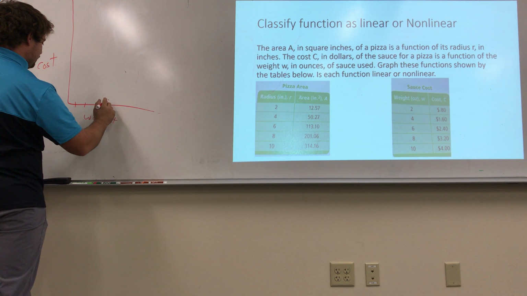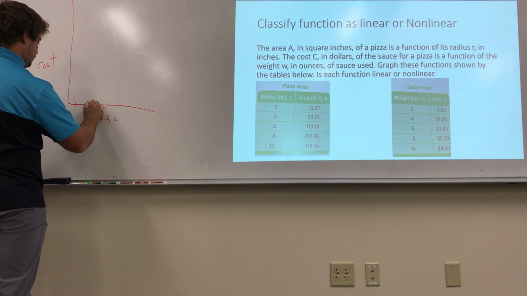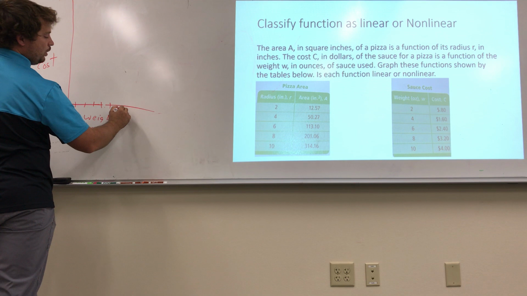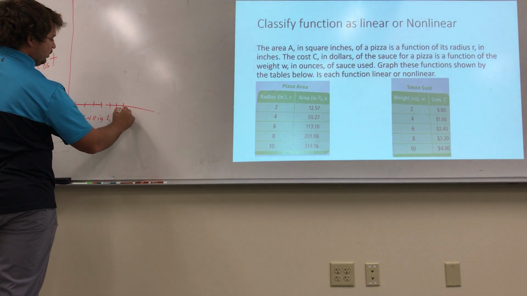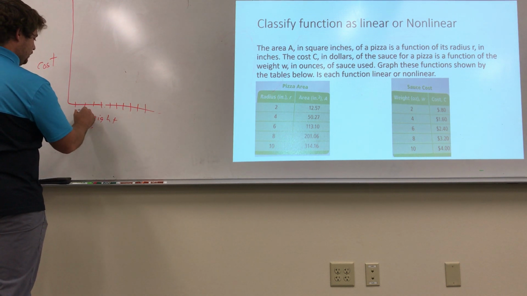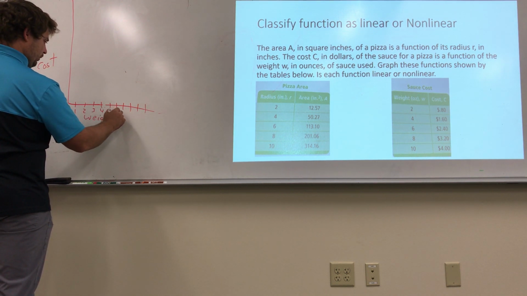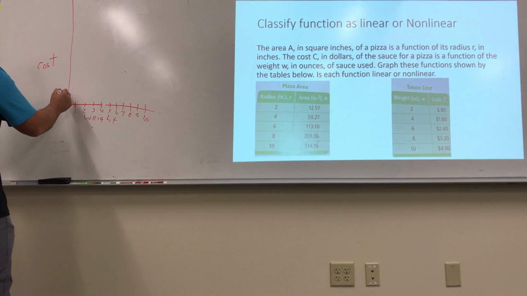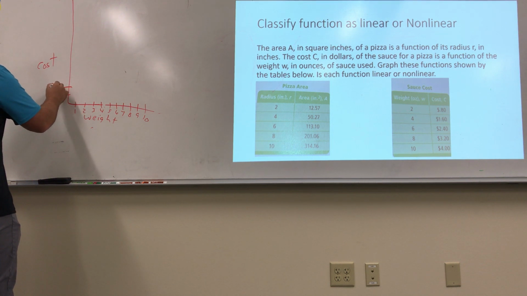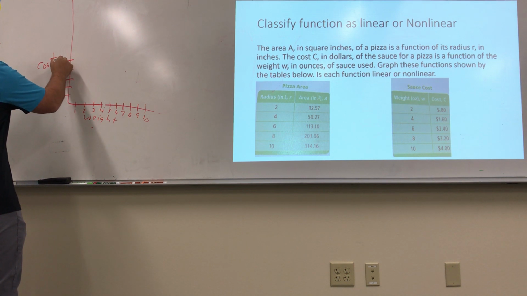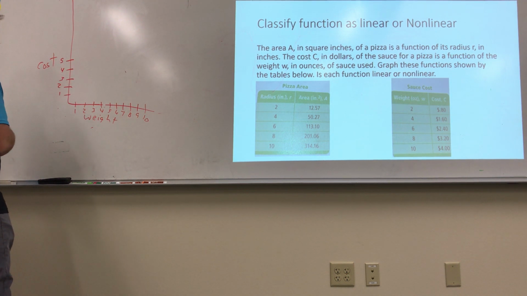That one's kind of close. 1, 2, 3, 4, 5, 6, 7, 8, 9, and 10. That's what I need. Okay, we're going to go by ones. 1, 2, 3, 4, 5. And I need to get that out.